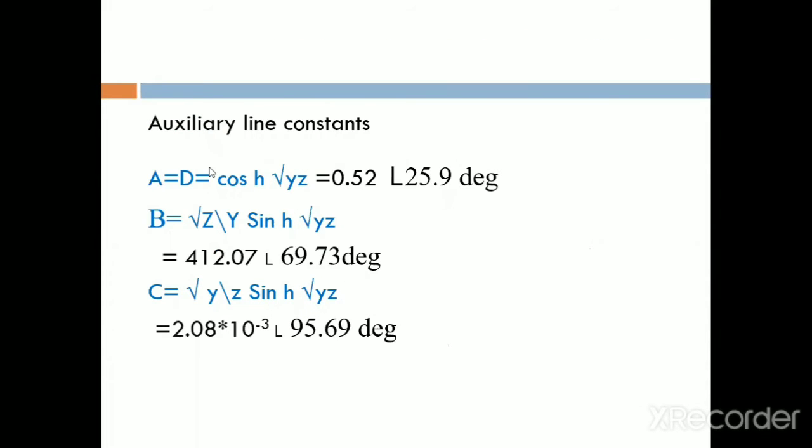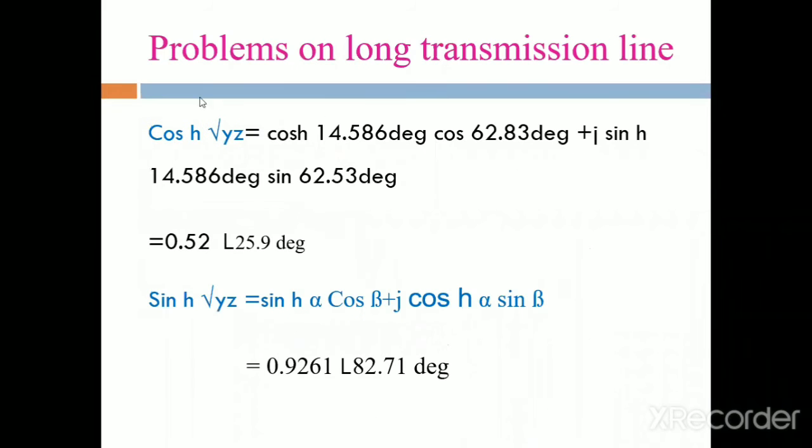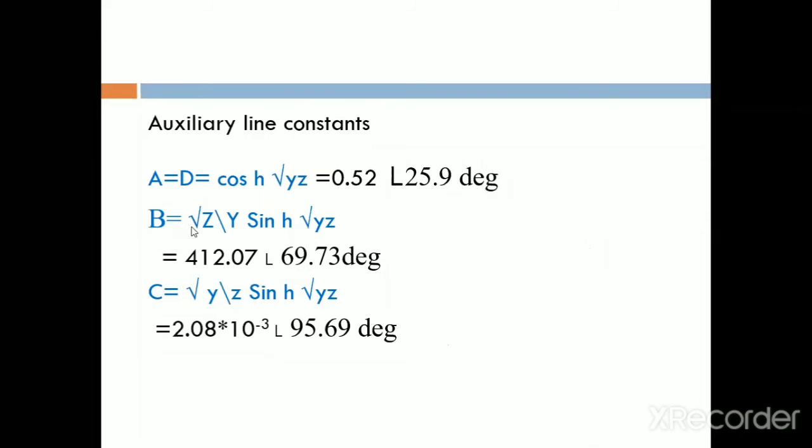After that, we calculate the auxiliary line constants, that is the A, B, C, D constants. Cosh root of yz is 0.52 at an angle of 25.9 degrees. Then B is equal to root of z by y sinh root of yz, which is 4412.07 at an angle of 69.73 degrees.